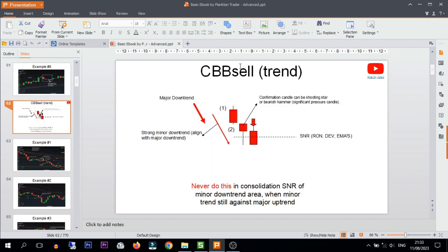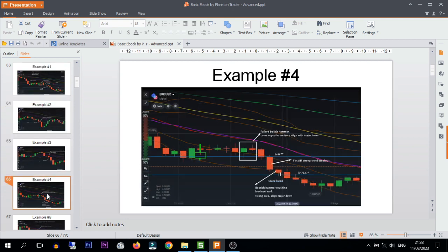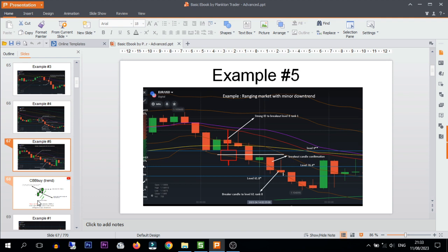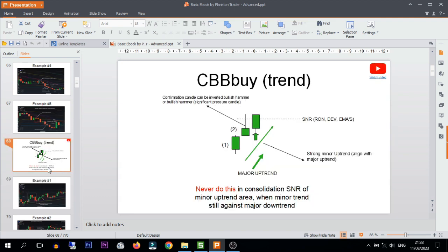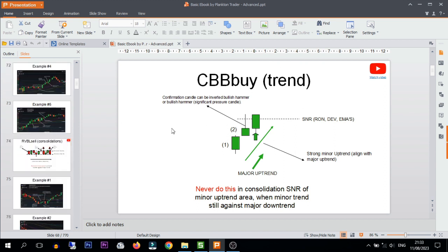And continuation, this is continuation sell. Why is that? Because the major and the minor are aligned, as I explained with the example and also with the SNR level, Bollinger Band, EMA, and the price ratio. And then here is continuation buy on the trend. That is all on the trend.